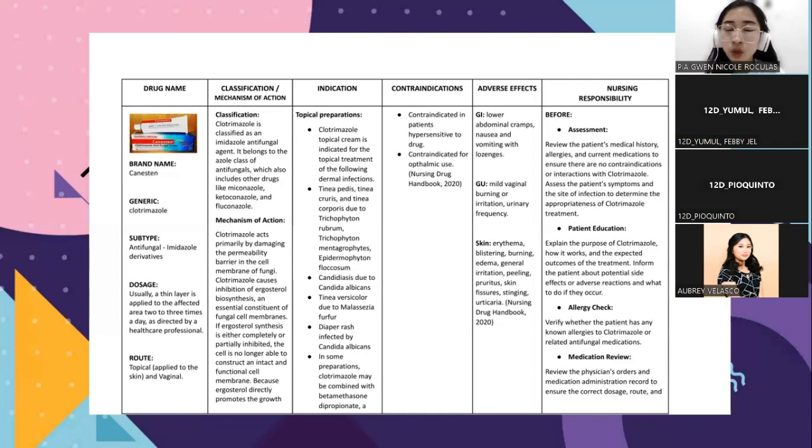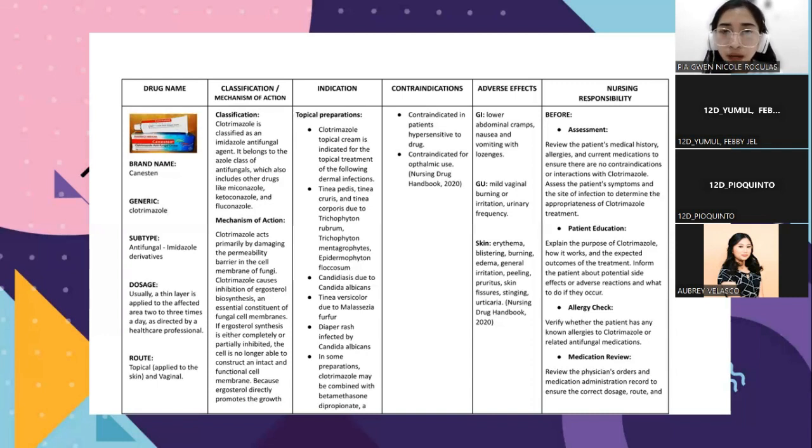Adverse effects. So when we say adverse effect, it means a harmful or abnormal result. An adverse effect may be caused by administration of a medication or by exposure to a chemical and be indicated by an outward result such as illness or death. So in the GI, there are lower abdominal cramps, nausea, and vomiting with lozenges.